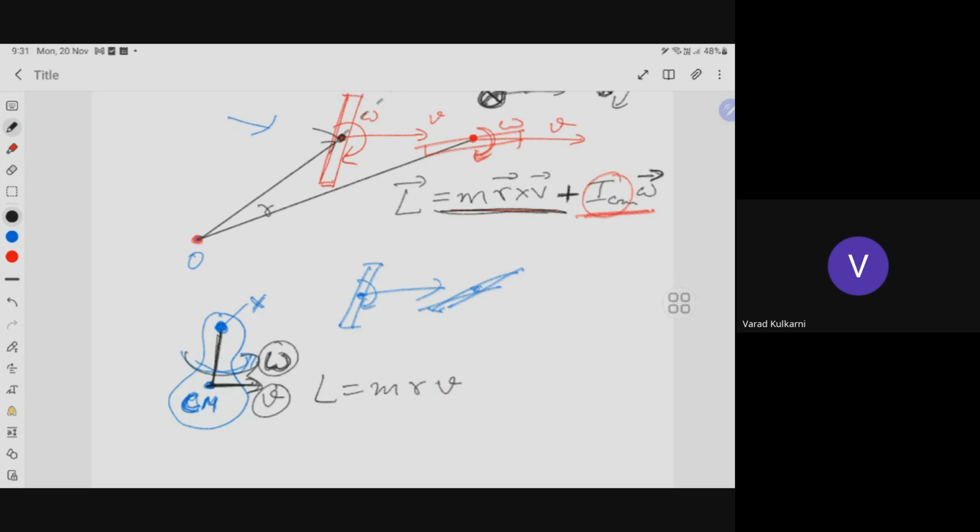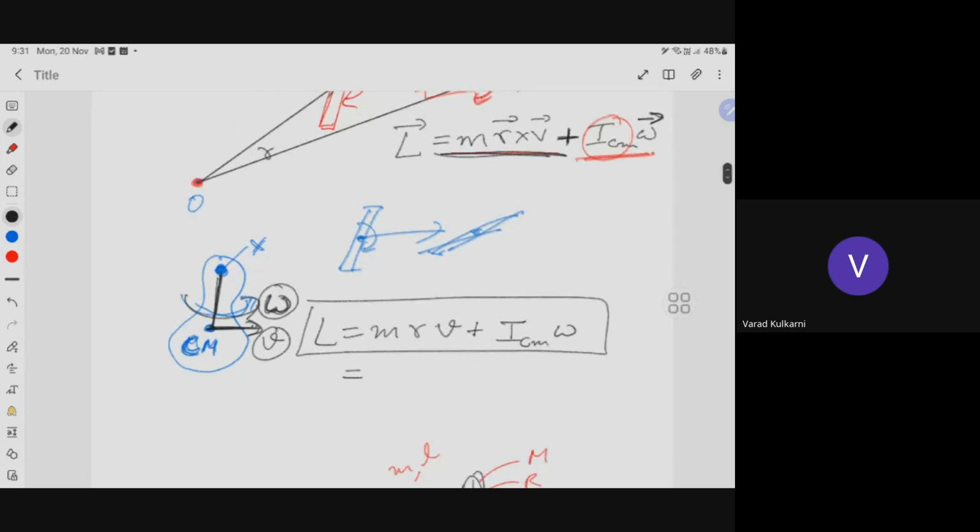So that's the first part of the formula, plus I_CM omega will remain. Nobody can change this formula. But we can use another one over here: I about the fixed point of rotation into omega. Both will come same when we do the calculation, okay?